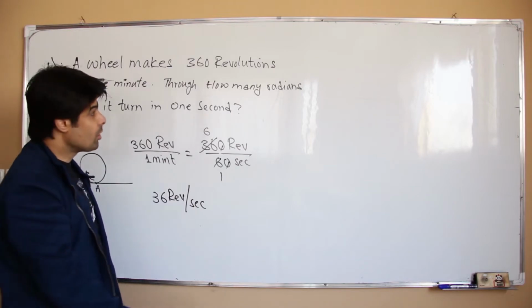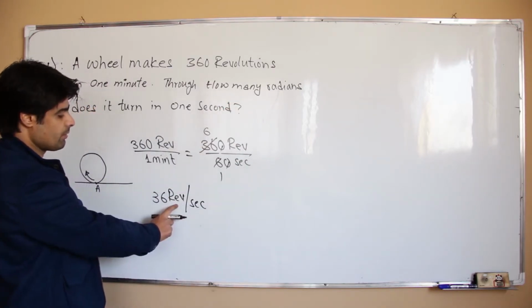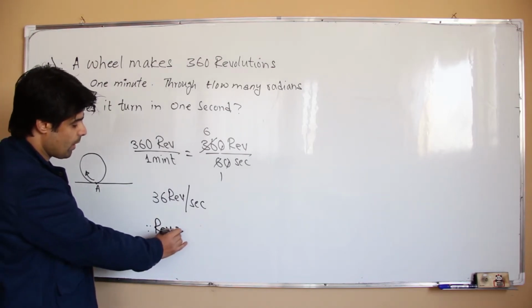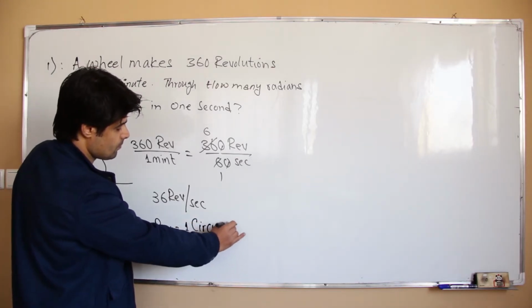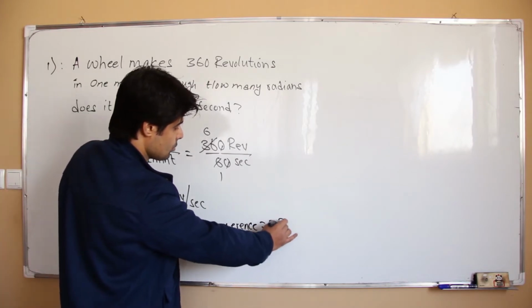It's asked, not revolutions, how many radians? What do you mean by a revolution? A revolution means 1 circumference, and 1 circumference is 2 pi radians.